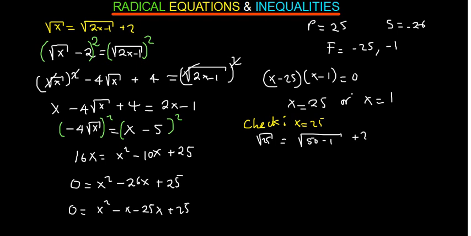Square root of 25, we know that is a 5, right? And that is going to be equal to 50 minus 1, which is 49. Anyone to help me? What is the square root of 49? Jacob? Square root of 49. Martha, what's the square root of 49?